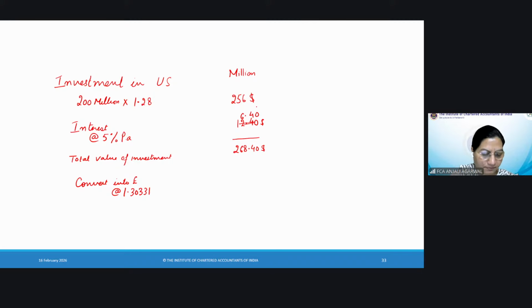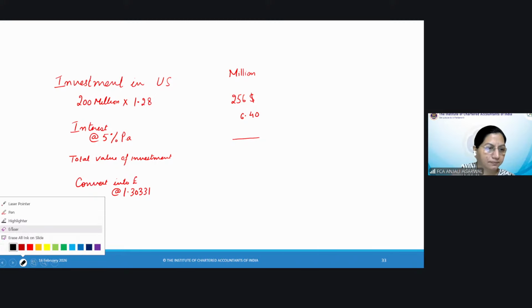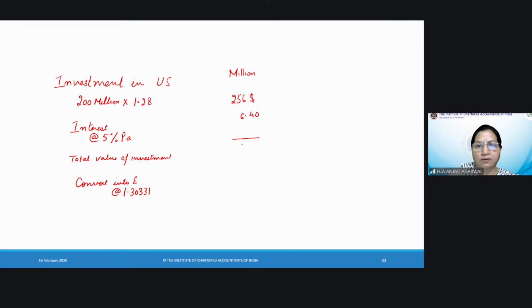And 256 plus 6.4 is 262.40. This, when converted into pounds, divide by 1.30331.